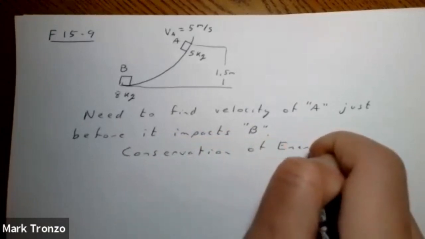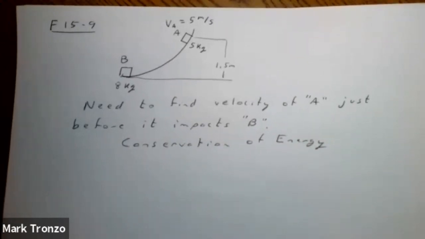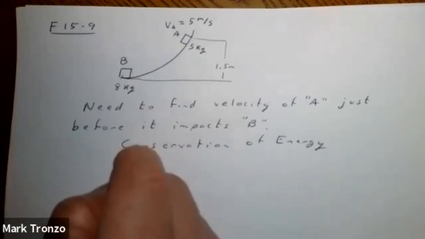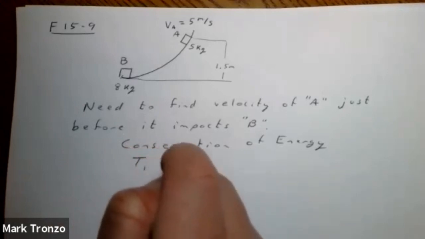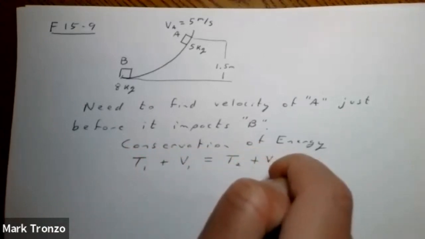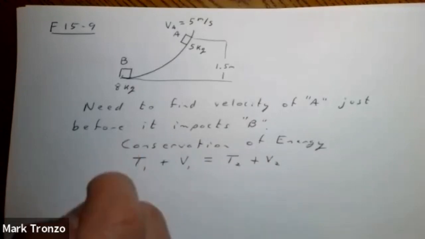We can use conservation of energy. And again, because we have a smooth surface, that's real easy to apply. And remember that was T1 plus V1 equals T2 plus V2. And you remember this kinetic energy here.